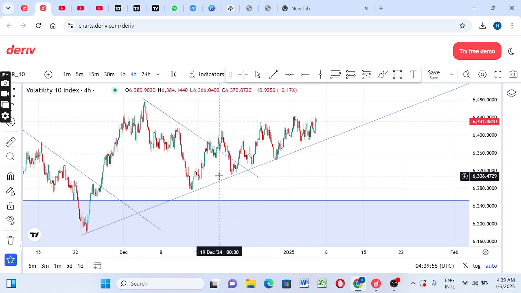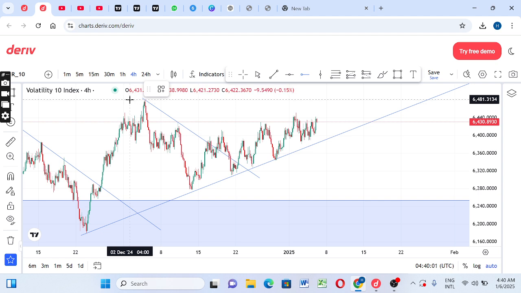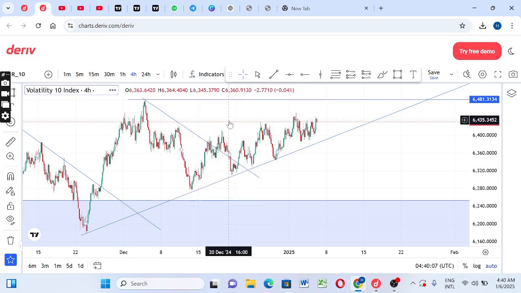So we had a break of trend line around this point, and we clearly saw that this high here is a significant point we want to see price take out for our buy bias, this high.